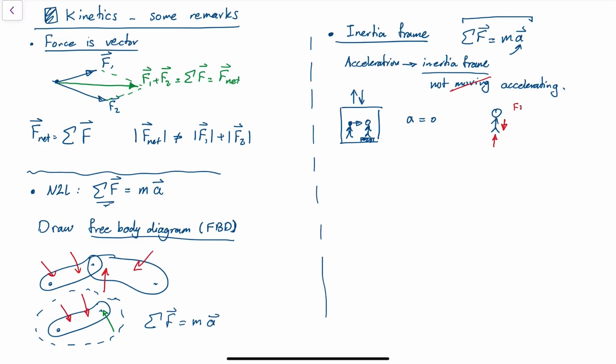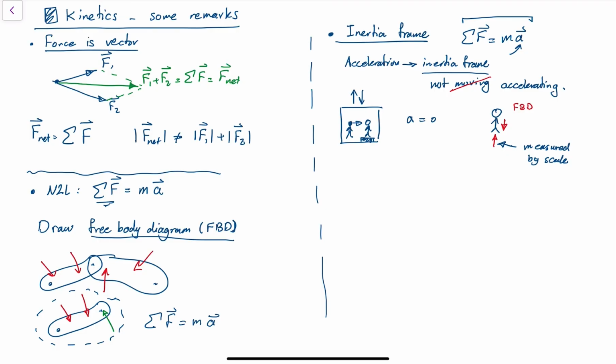And this is the free body diagram of the person. This one is what is measured by the scale. Now, if the elevator is not moving, everything is nice, the force of gravity equals the reaction force, and what you really measure is the weight of the person.